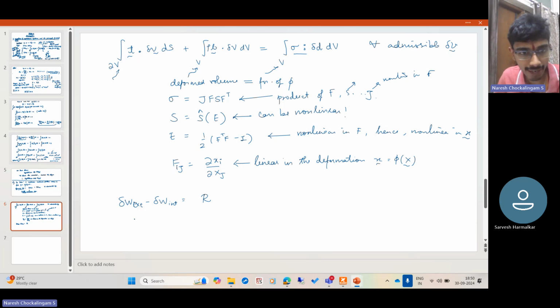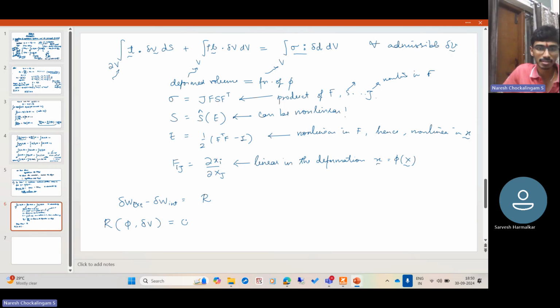Suppose I have the actual deformation field which satisfies the equations of equilibrium. This residual depends both on the deformation field as well as the virtual velocity field we are looking at. So it should hold for all.